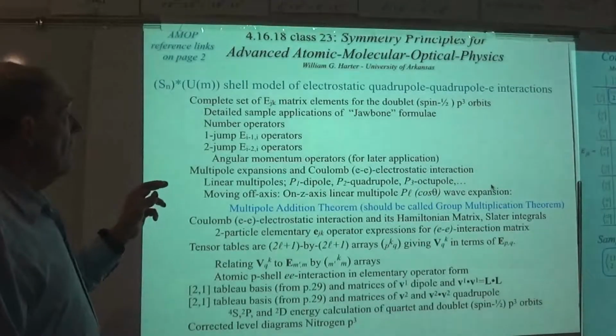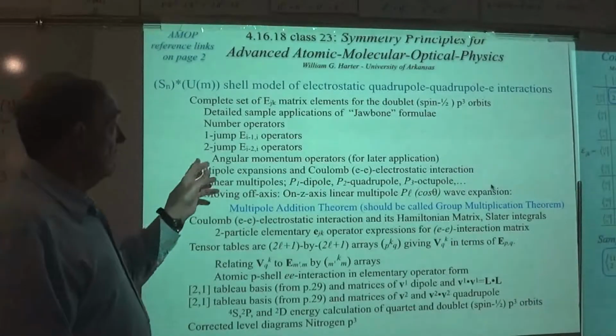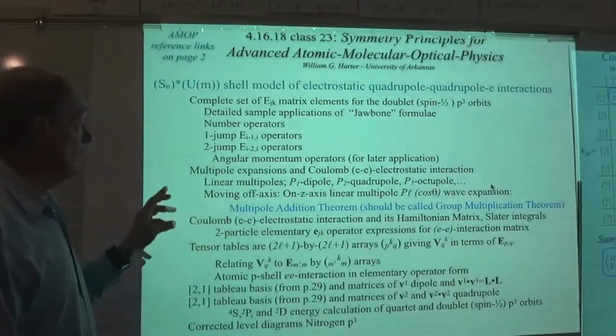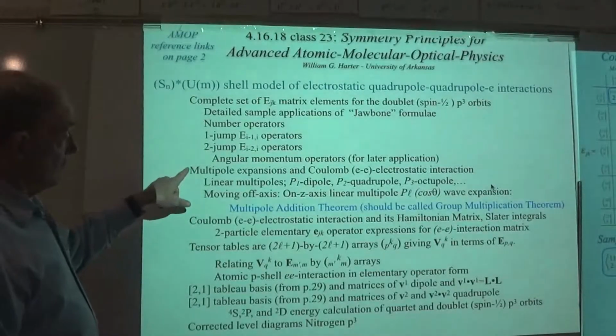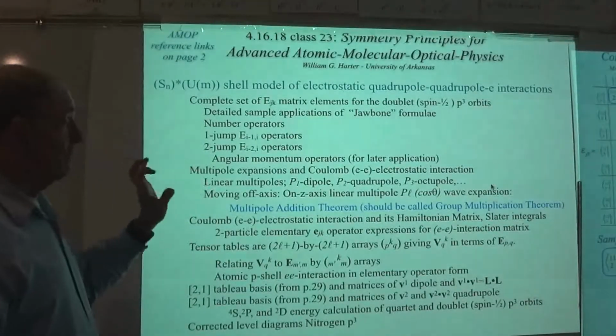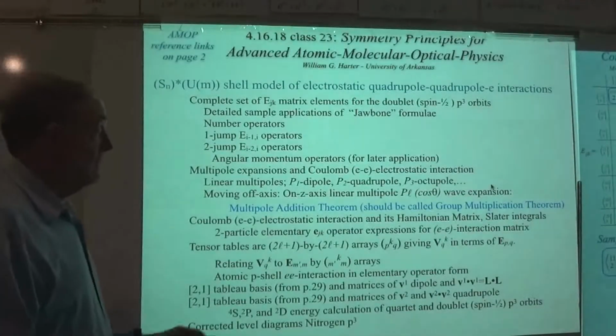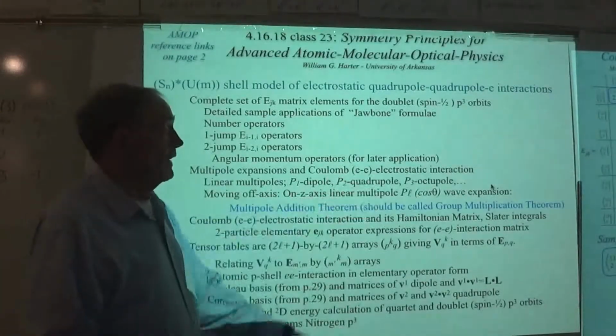And I want at that point to take a look at what the angular momentum operators look like, but also today I would like to show how we do electronic repulsion. That's really quite a daunting problem, to be able to work out the electrostatic interaction.